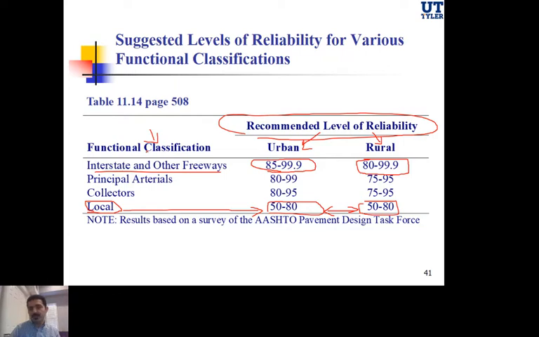I can't even close one lane at a time, because there will be a lot of traffic issues, traffic jams, and maybe even an increased number of accidents. While for local streets, I can lower that reliability level a little bit if desired.